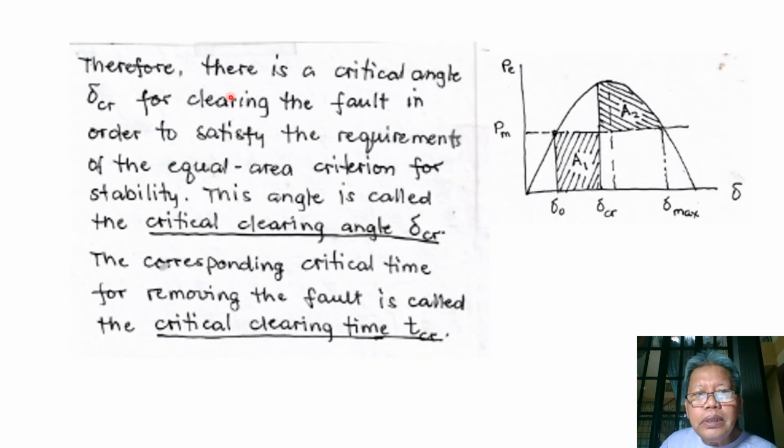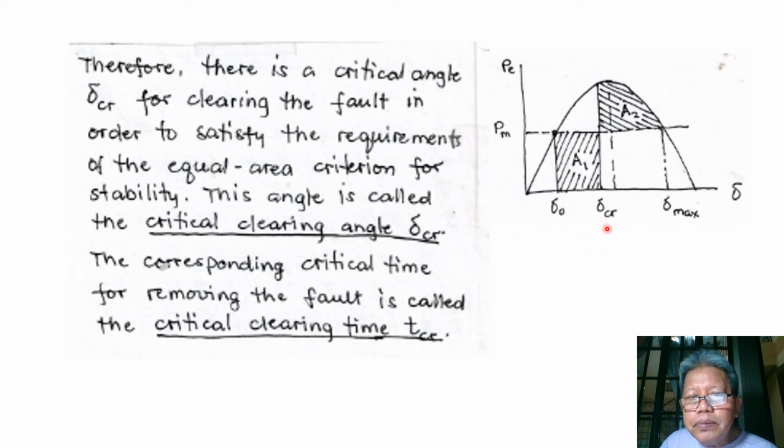So therefore, there is a critical angle delta CR for clearing the fault in order to satisfy the requirement of the equal area criterion for stability. So this delta CR here is the critical value of delta such that beyond this, the delta on the other side would be greater than delta max.